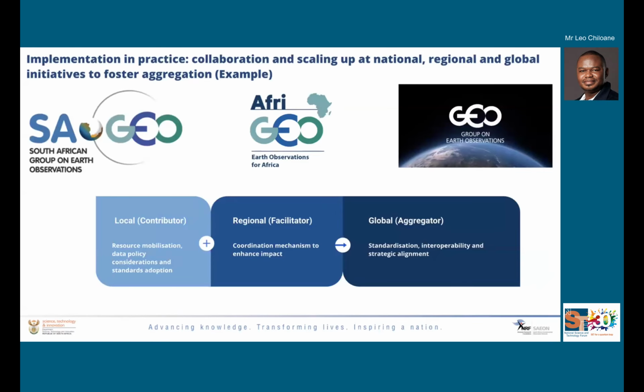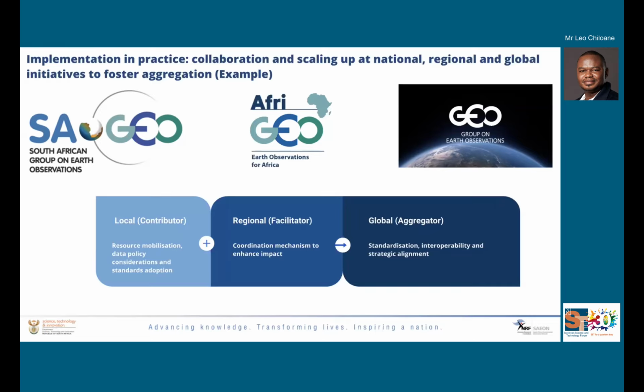And how does implementation and scaling up look in practice? Using the Group on Earth Observations as an example, locally, you might look at us as a contributor where we focus on issues of resource mobilization, data policy considerations, and what standards we want to adopt.